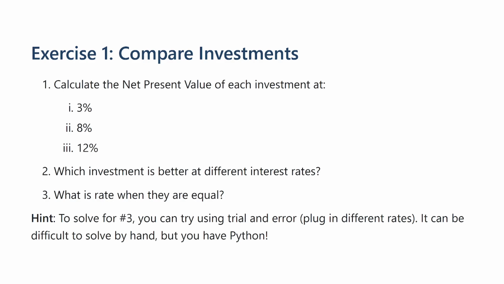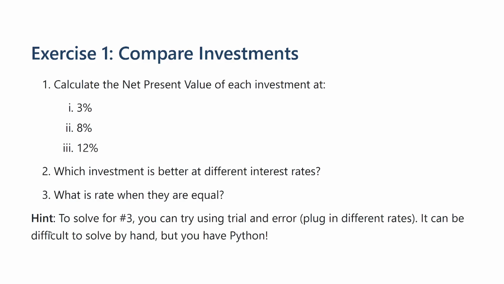There must be a tipping point, like the previous one between 5% and 10%. This one may be a little bit different. What is the rate when they're indifferent? I can choose option A or option B, they both make the same amount of money. They have the same net present value.